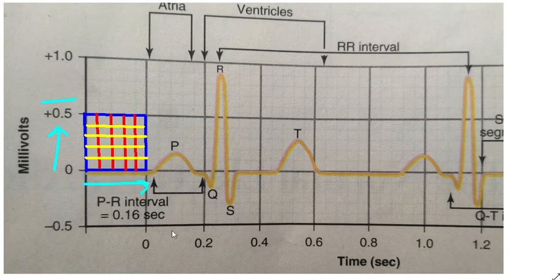As you can see, this is 0 and this is 0.2. So one large box in the horizontal direction is 0.2 second of time, whereas in the vertical direction it is 0.5 millivolt.